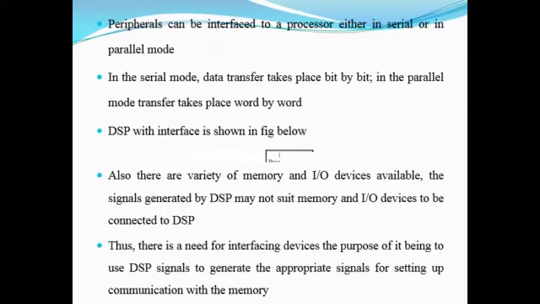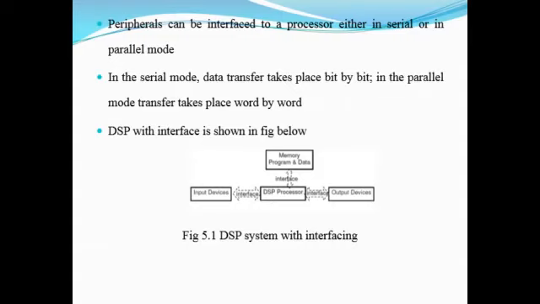Looking into the interfacing process, peripherals can be connected in the form of an I/O device to a particular DSP processor through some interfacing unit. Also, the program memory or data memory can be interfaced to a DSP device.